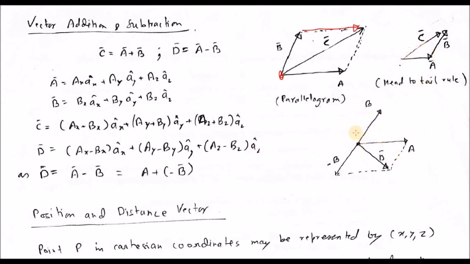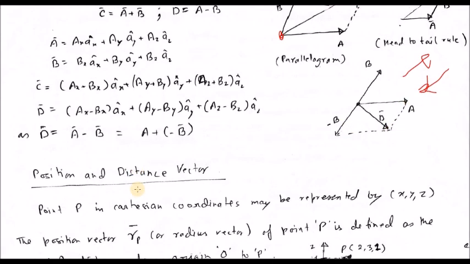In graphical way, this is your A, this is your B. But to get A minus B, I have to add A plus minus B. So if this is your B, then minus B will be something like this. So this is your A, this is minus B, and we just make a parallelogram and find that particular diagonal. So this is your D, which is A minus B.